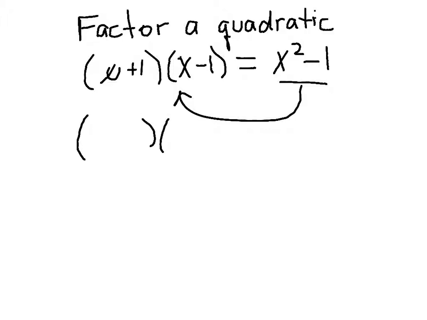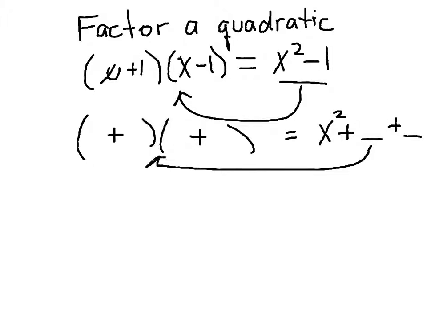Inside the two factors, if both of the signs are positive, then all the signs inside here will be positive. So if you see this, you need to put 2 plus signs.